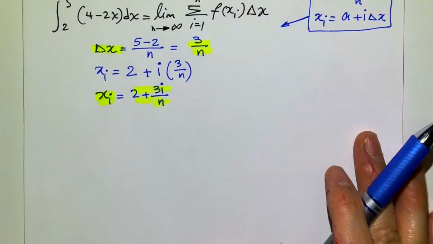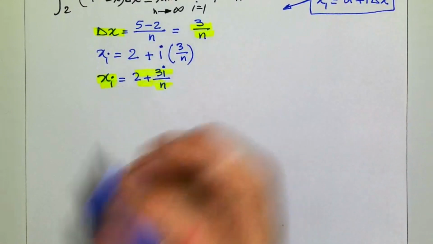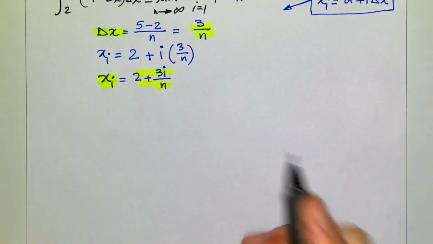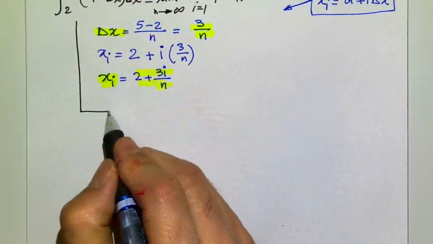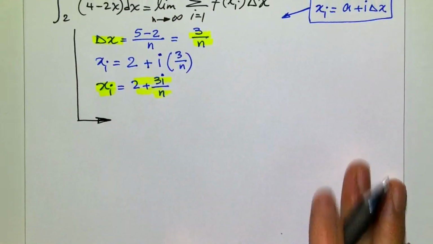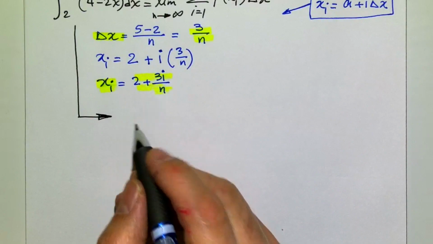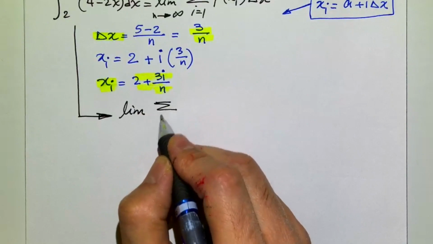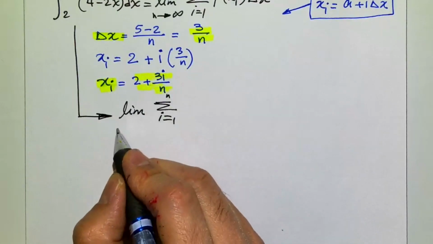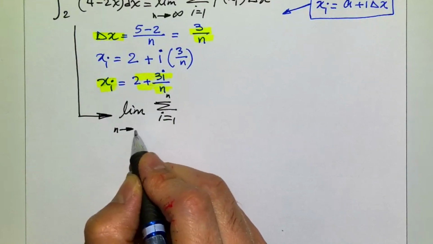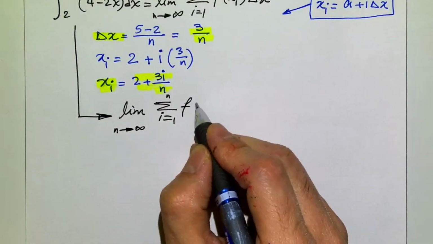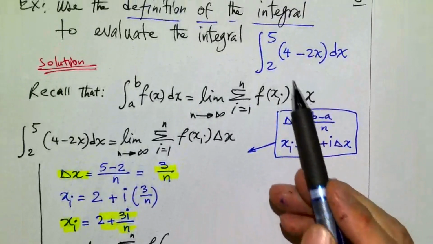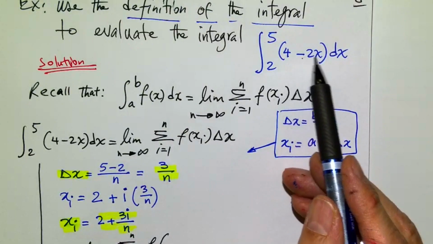And so let's calculate or approximate the definite integral. So we have, I'll just write it here, using that, the limit of the sum from 1 to n as n goes to infinity of f of this function, 4 minus 2x.